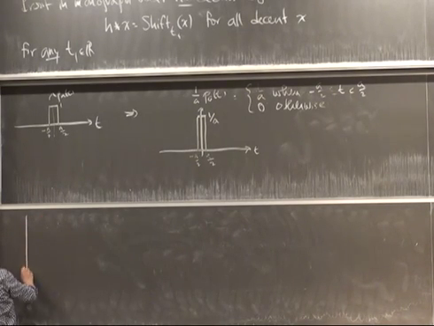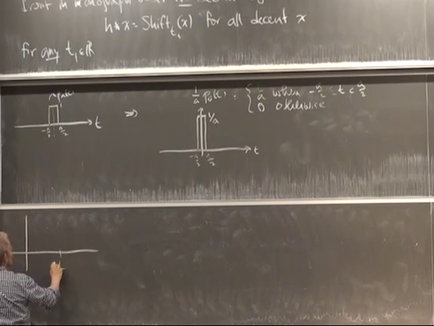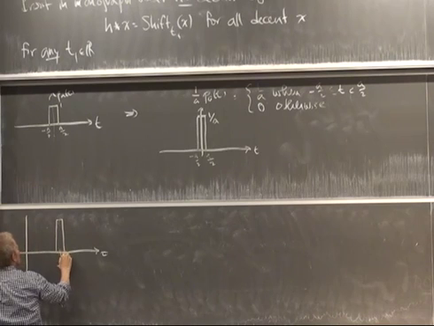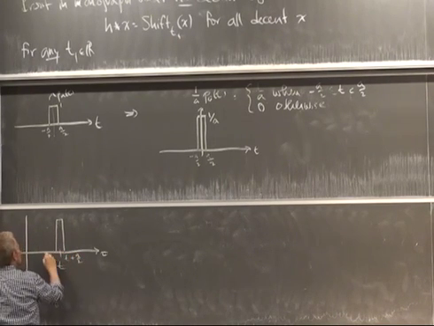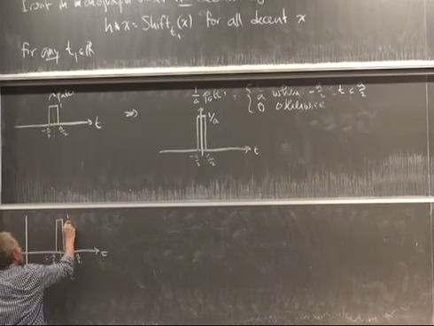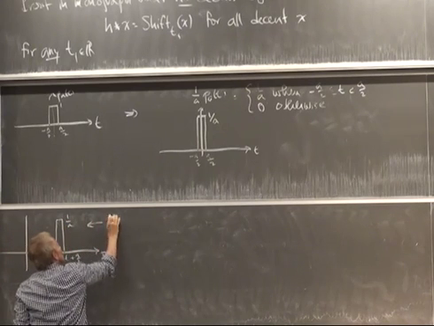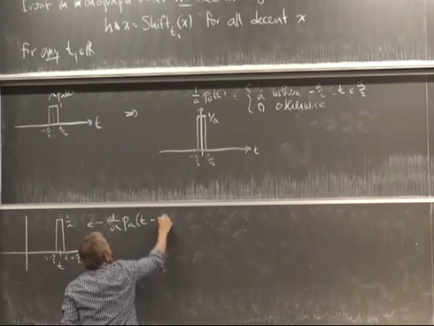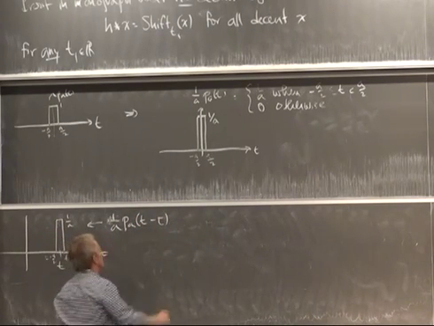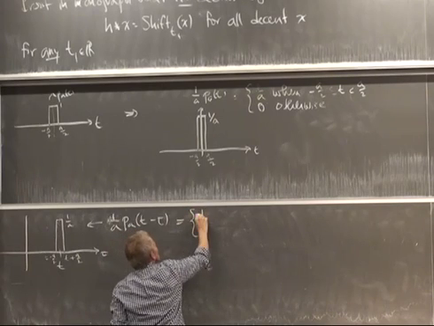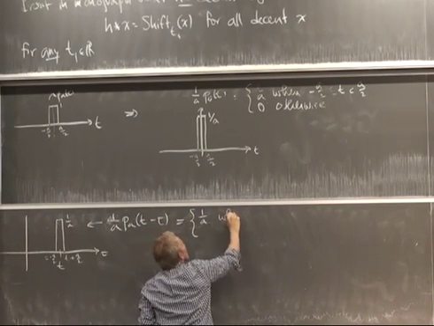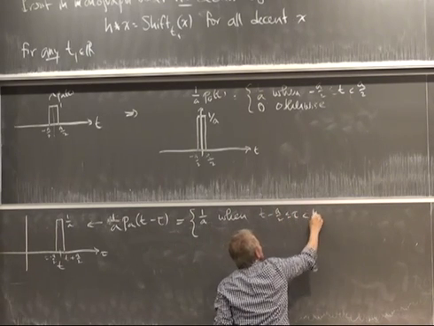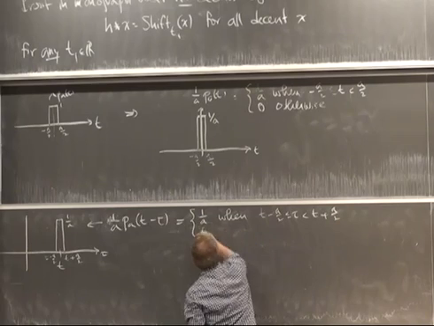So suppose t is here, and this is tau space. This goes out to t plus a over 2, and out to t minus a over 2, height 1 over a. This is 1 over a P_A of t minus tau. And if you want a math expression for it, it's equal to 1 over a when t minus a over 2 is less than or equal to tau less than t plus a over 2, and 0 otherwise.